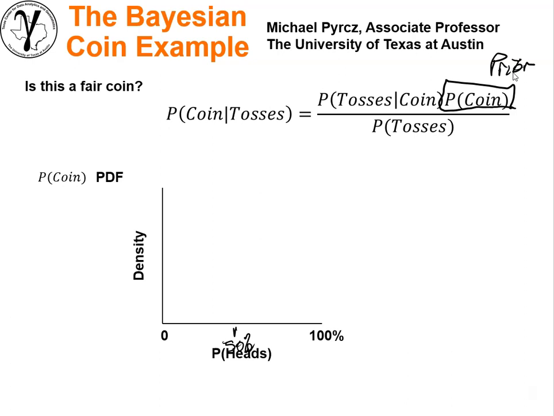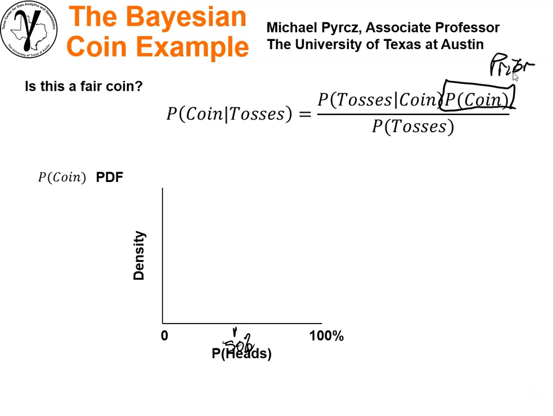If you absolutely believe that I am an honest person, and there's no way I would be walking around with a weighted coin in my pocket, you'd put a spike right there and you'd say, nope, Professor Pyrcz is very honest. It must be a fair coin.